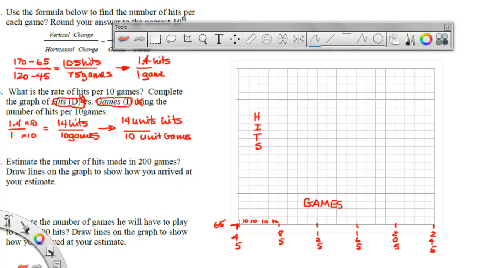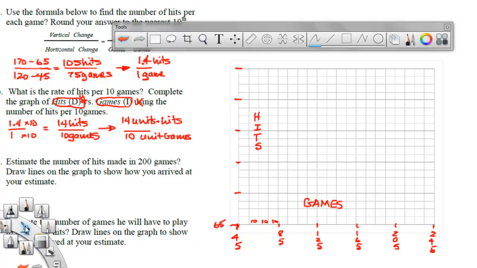Now I gave you the same kind of help along here. I gave you those tick marks right there. So that says from here to here I had to use 4 of these. Well, what is each one of these worth? Well, it says right here the units for the hits are 14 each. So each one of these squares is worth 14.